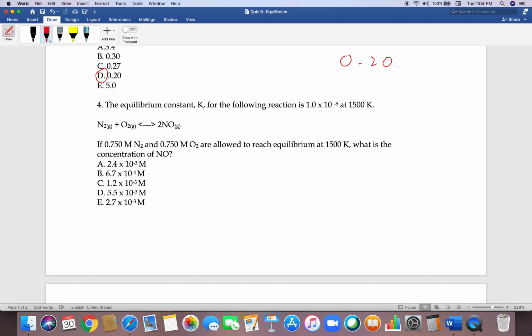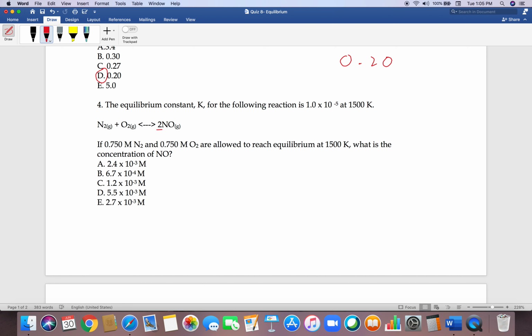Now, a couple of things here that you need to be aware of is that we have to keep in mind that the concentration of NO is going to be squared, right? Because we have 2 right here. So we're going to technically have an x squared value, which means we're going to be dealing with a square root, which is not uncommon with equilibrium.